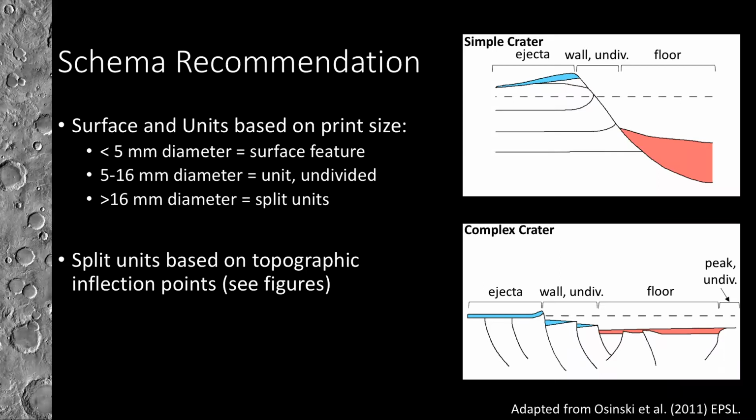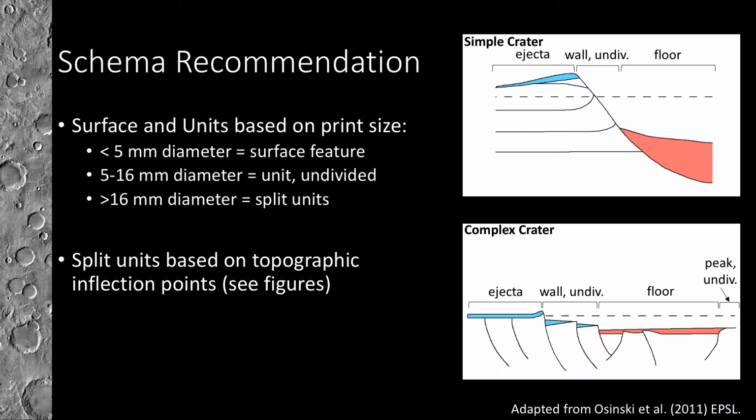So that will be a surface feature, either a point, line, or polygon in your explanation of map symbols. For craters between 5 and 16 millimeters in print, or between a pencil eraser and a dime, you can start to identify more about the unit, and it'll be a larger surface area, so you map it as one unit undivided.